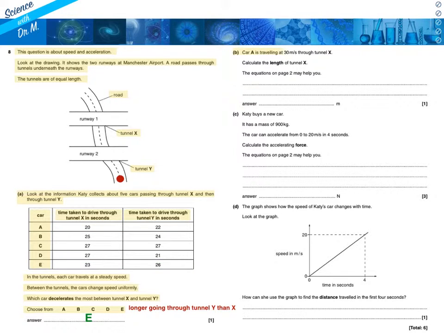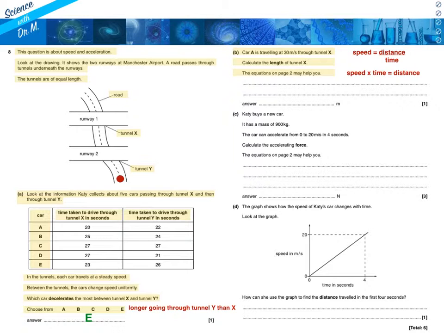Car A is travelling at 30 metres per second through tunnel X. Calculate the length of tunnel X. The equations on page 2 may help you, and I'm not going to show you page 2, I'll just tell you the equations that you need. So we're looking at speed equals distance over time. We can rearrange that for distance.